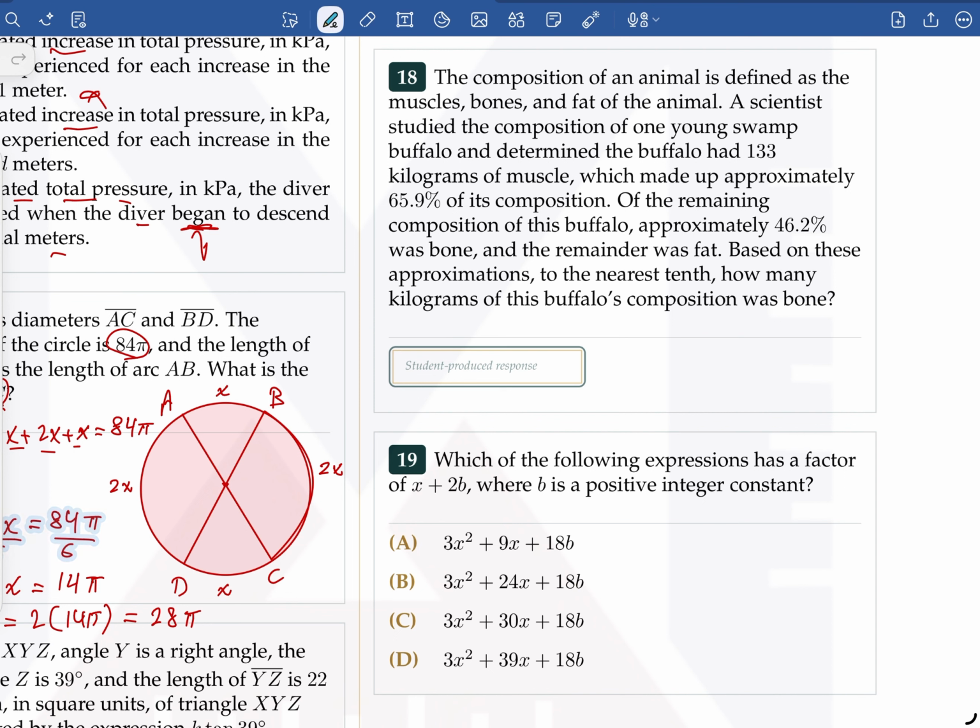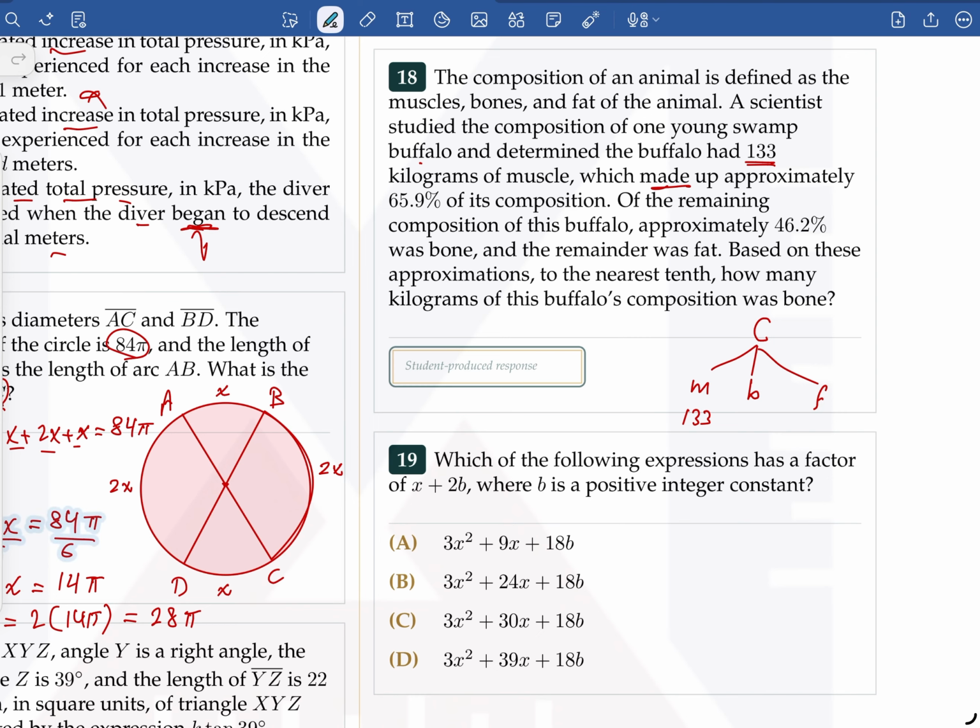So here we need to remember that the composition C, for example, consists of three things: muscle, M, bones, B, and then fat, F. And the question says the buffalo has 133 kilograms of muscle. So this is 133.